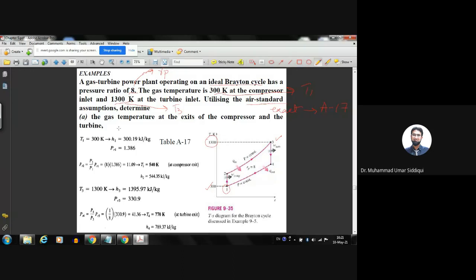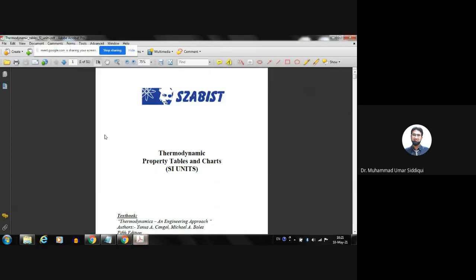Okay, so the first thing is that we know 1 to 2 is an isentropic compression process. So T1 is 300 Kelvin. What we can do is go into table A17.